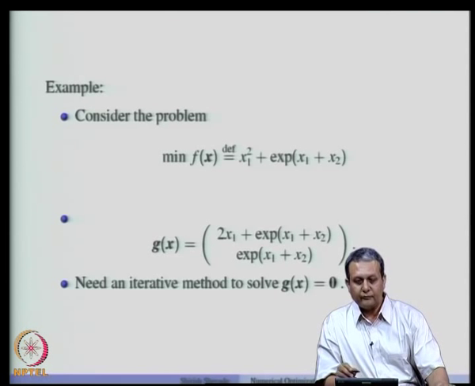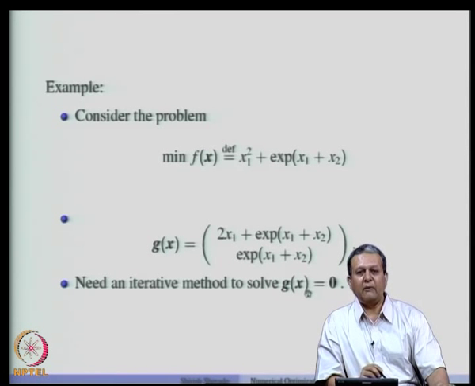Now, remember that all those optimization algorithms that we are going to study will give us a stationary point, and we have to find out the behavior of those stationary points to check whether that point is a local minimum or a local maximum or a saddle point.